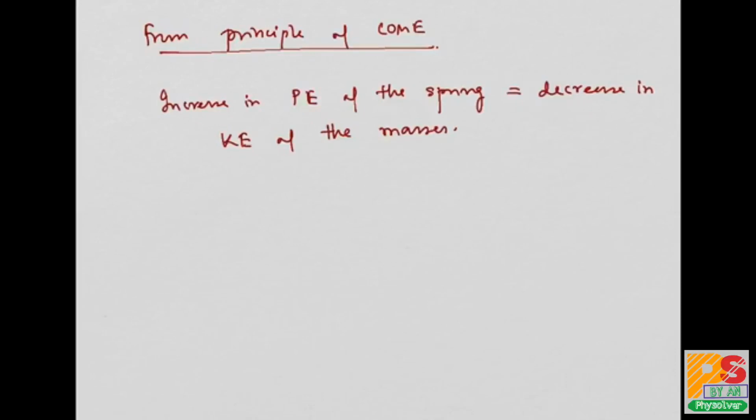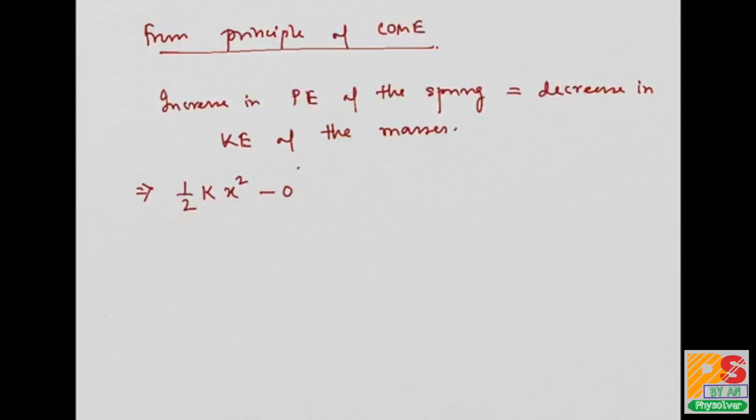Now initially the spring is unstretched, so its potential energy was 0, and its final potential energy would be half k x square, where x is the maximum elongation in the spring.